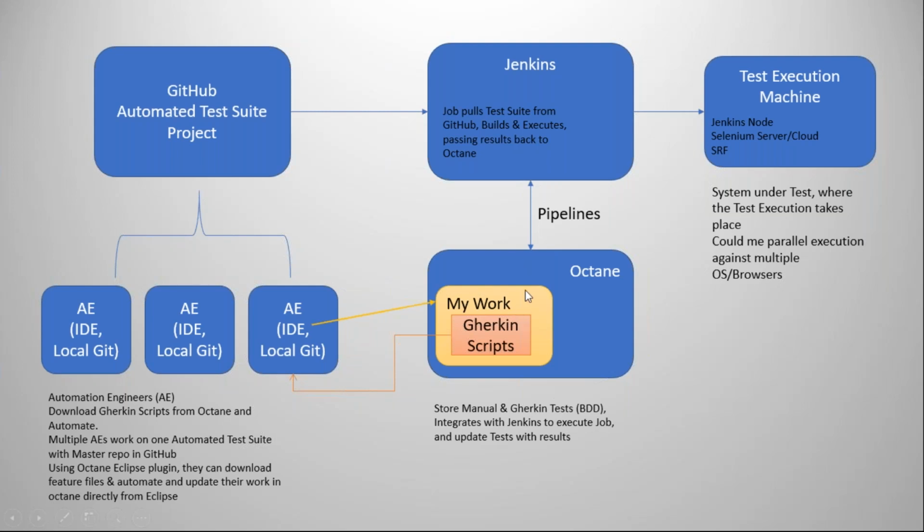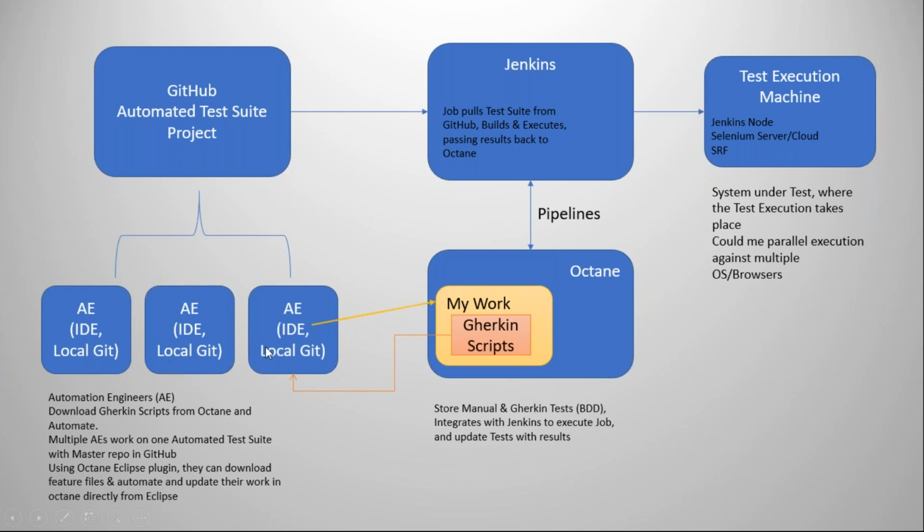And what we're going to look at is really, as I say, around automation. We're going to talk about the fact that, at an enterprise level, we'd have a number of automation engineers, on the bottom left corner here, who will be developing test automation scripts in their IDEs. And because we've got a team of automation engineers, we're going to want to manage our automation project through some kind of source control.